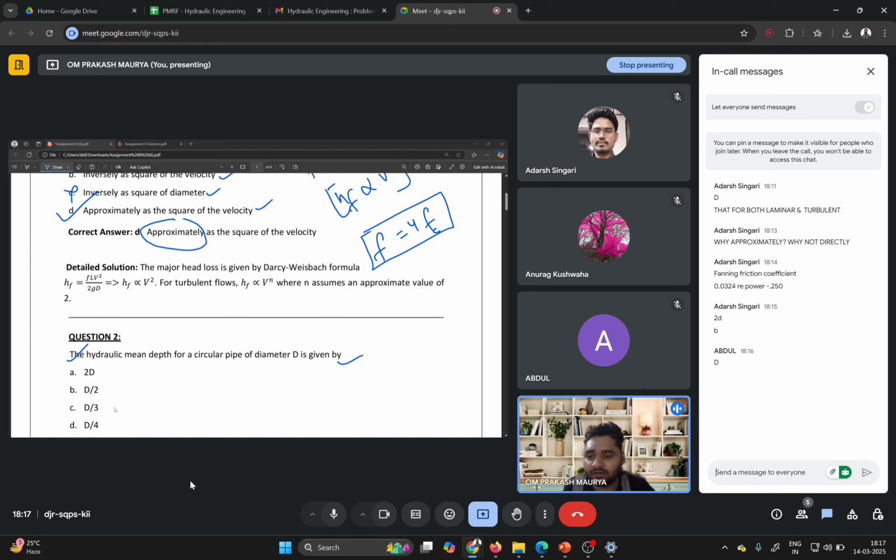Anurag, you can also tell your answer for this. The hydraulic mean depth for a circular pipe of diameter D. Here the question is asking about hydraulic mean depth, not about the hydraulic diameter or hydraulic radius. The question is asking only about the mean depth.